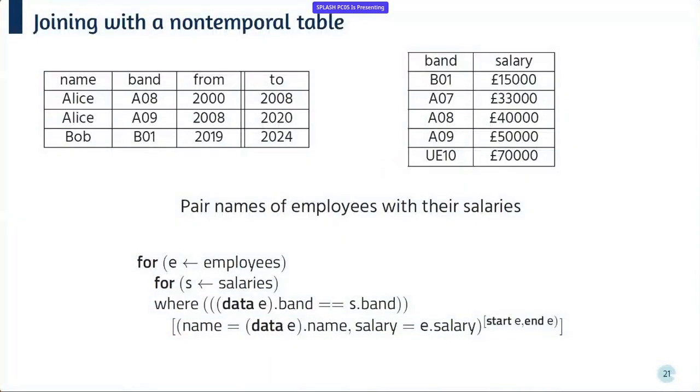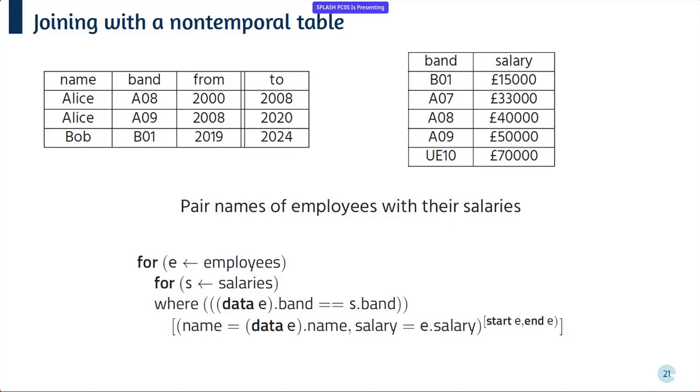Now, the final thing I'm going to be talking about is sequence joins. Say we've got a temporal table joining with a non-temporal table. This is quite easy to do. You do a query over the employees table, a query over the salaries table, and you join on the bound field, and then you create a new row with the start and end fields that you had before.